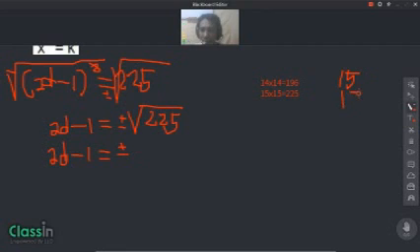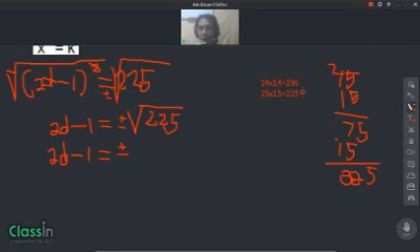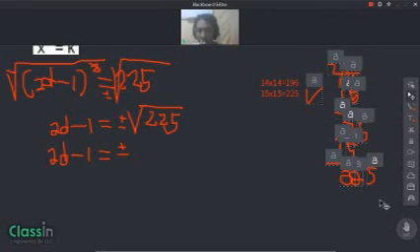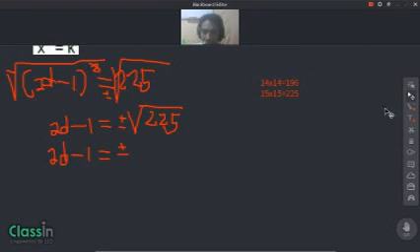So you have 5 times 5 is 25, carry 2, and then 5 times 1 is 5, plus 2 is 7, and then 1 times 5 is 5, 1 times 1 is 1, so 225. Therefore the square root of 225 is 15. So this is now positive or negative 15.